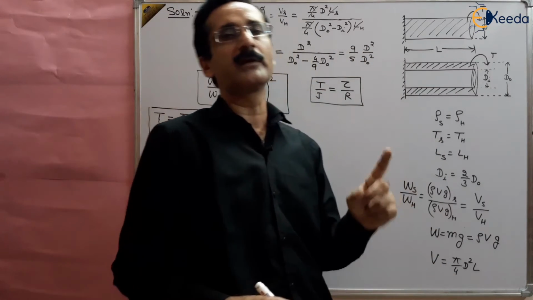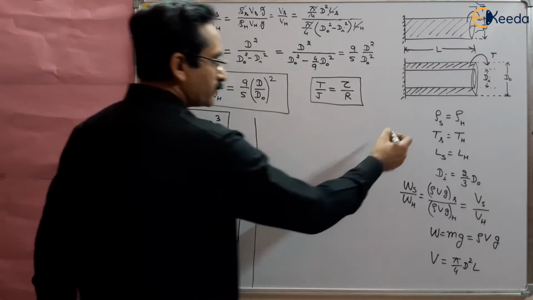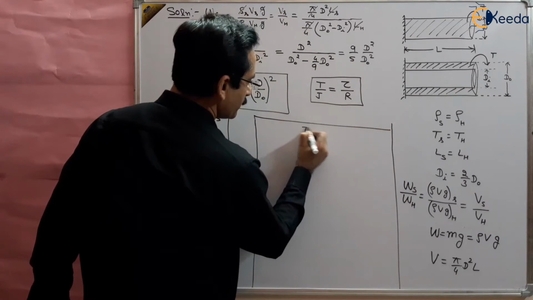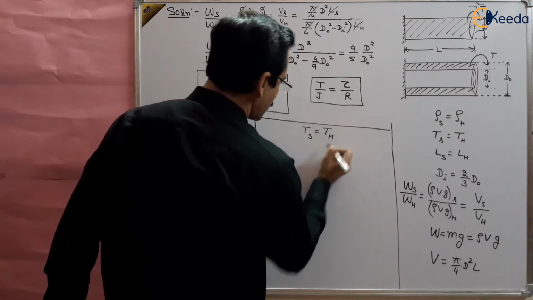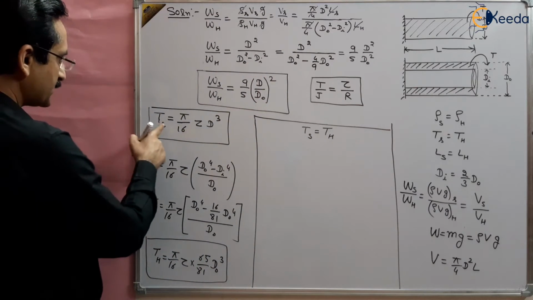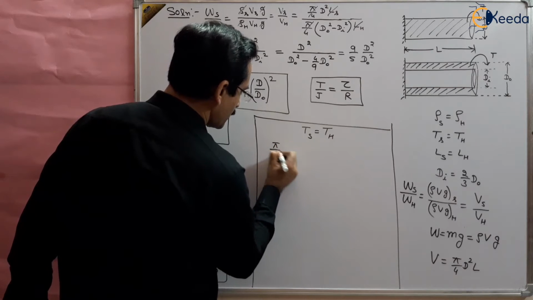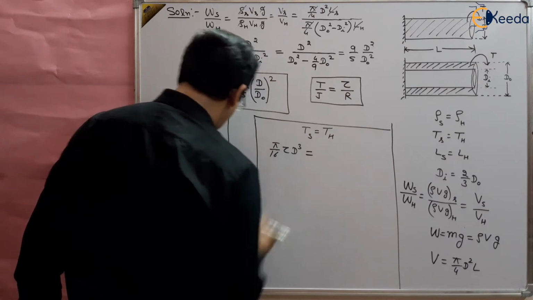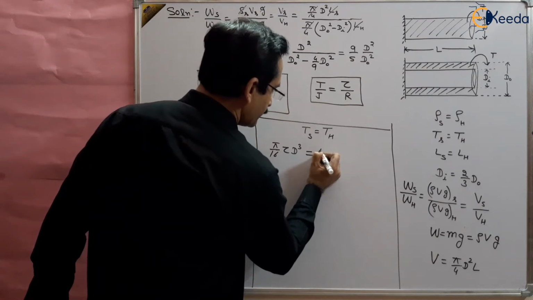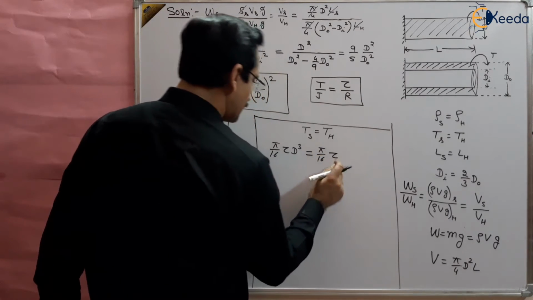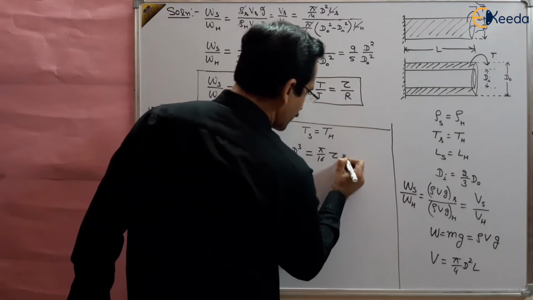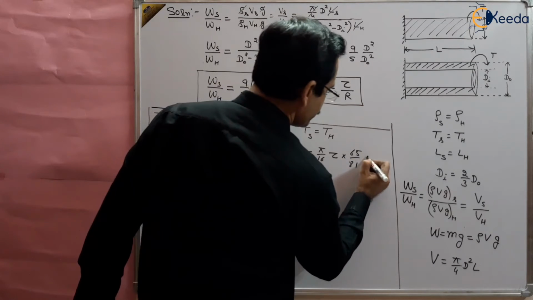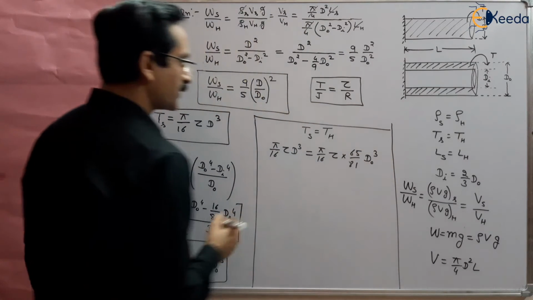From here we know that it is given that the torque of solid shaft equals torque of hollow shaft. So we can apply the same condition here. Torque of solid shaft is pi by 16 tau d cube, and that will be equal to pi by 16, shear stress will remain the same, multiplied by 65 by 81 Do cube, right?